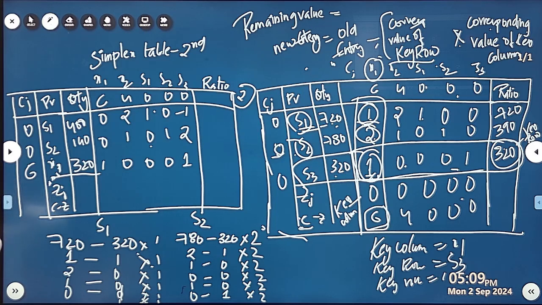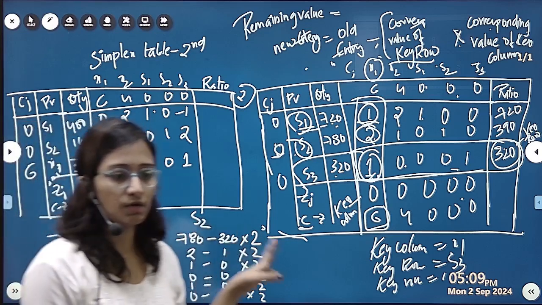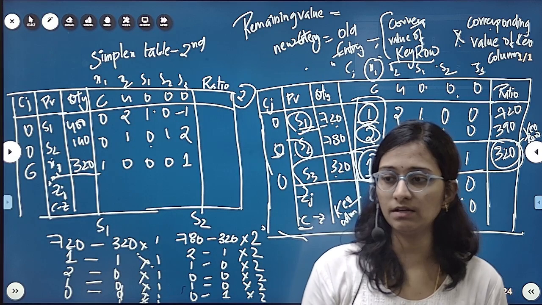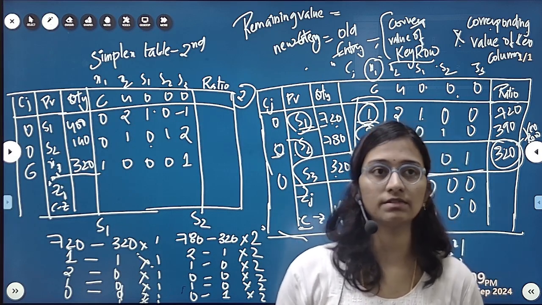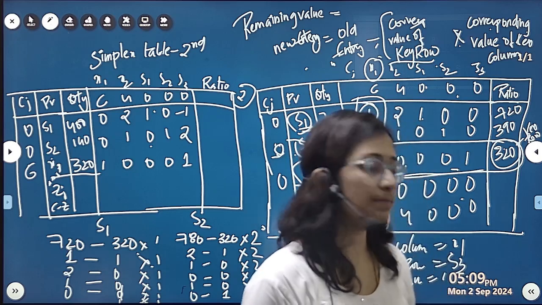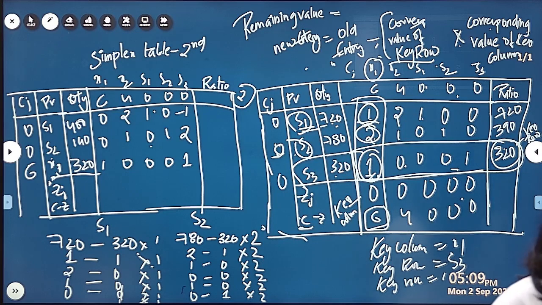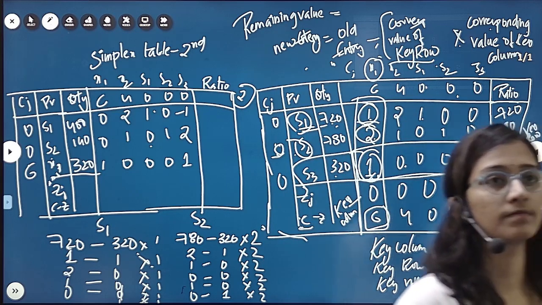Don't copy this, you do it on your own. This is simplex table 2, do it on your own by looking at table 1. Do it, then only you will get doubts. Online people, are you getting it? Any doubt? No, ma'am.